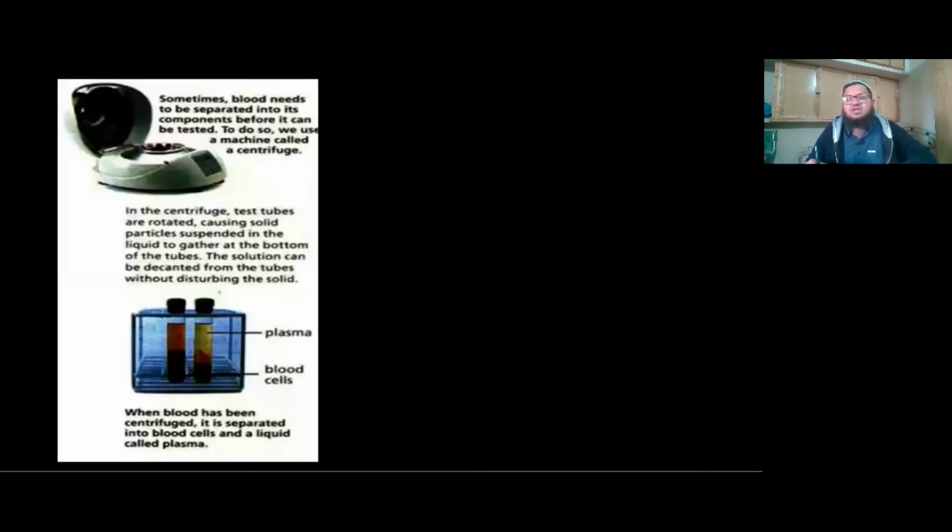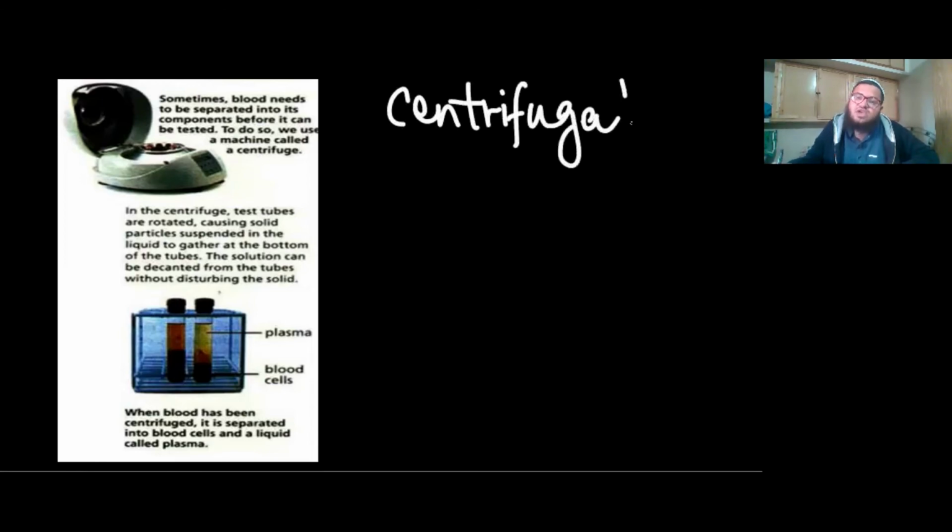Now here's a medicinal use of decanting, a very, very important use for medical. This technique is called the centrifugation technique. In this centrifugation technique we use decanting.